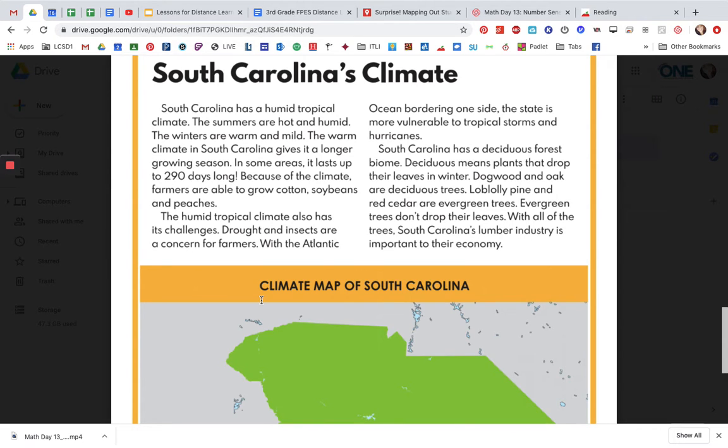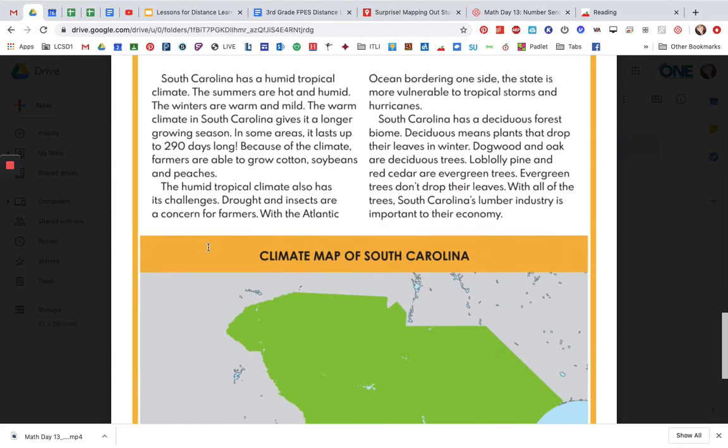Because of the climate, farmers are able to grow cotton, soybeans, and peaches. The humid tropical climate also has its challenges. Drought and insects are a concern for farmers. With the Atlantic Ocean bordering one side, the state is more vulnerable to tropical storms and hurricanes.